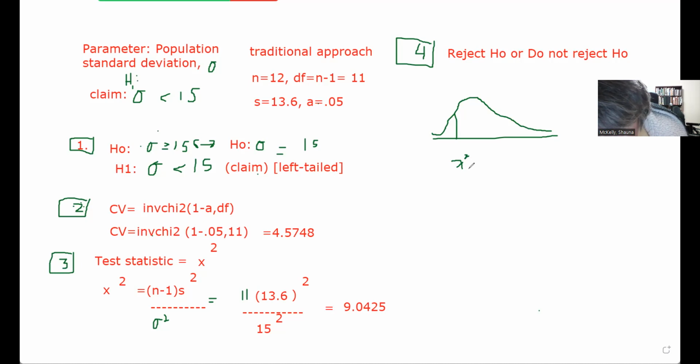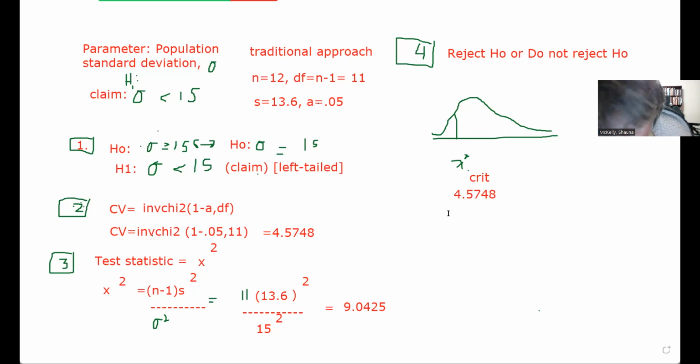My chi-squared crit is equal to 4.5748. That's your chi-square critical number.